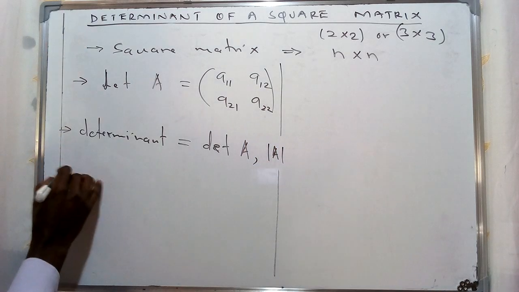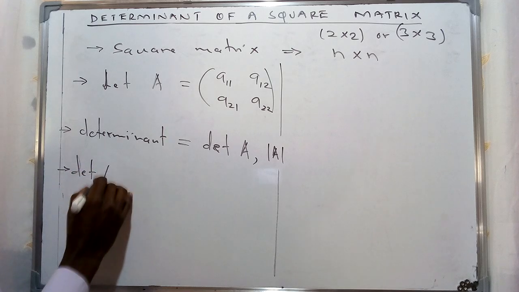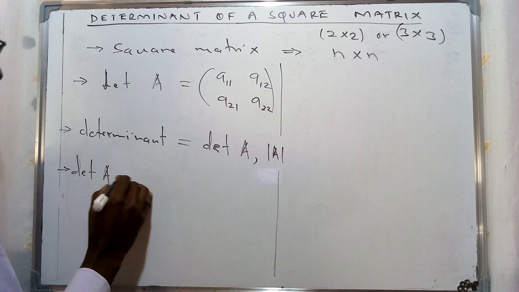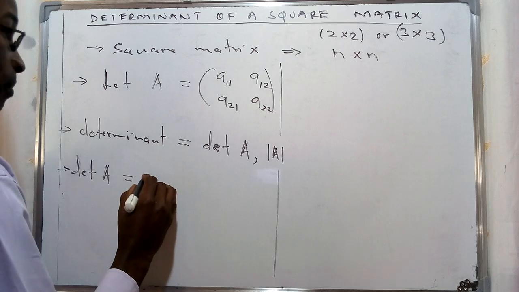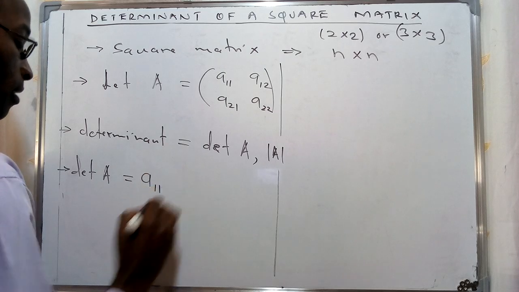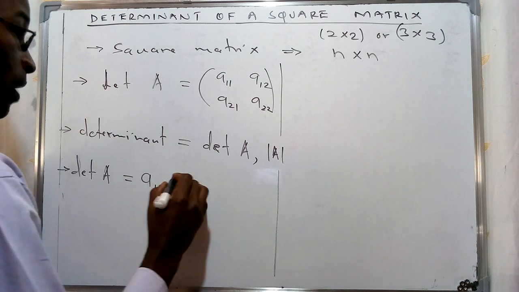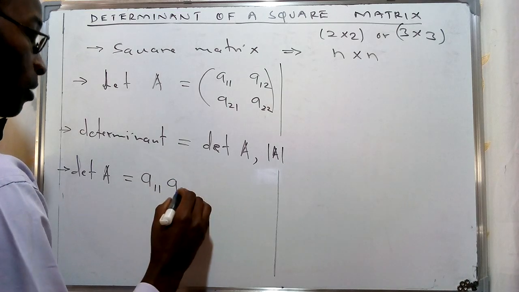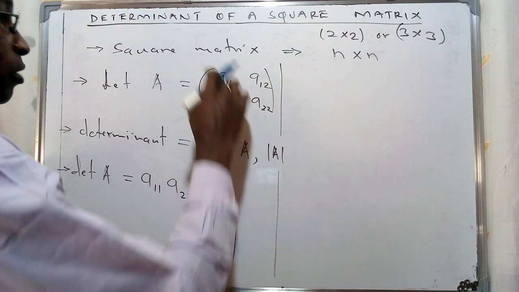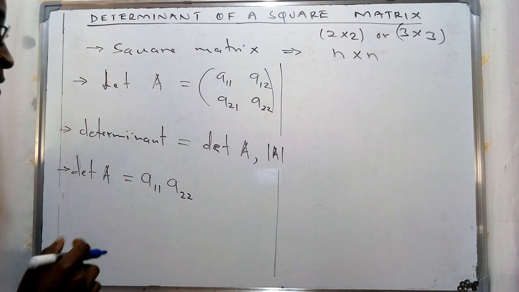So we can have the determinant of this matrix A given in terms of the product of the first elements of the matrix, and the product of that one with the subsequent element, which form the elements of the main diagonal.